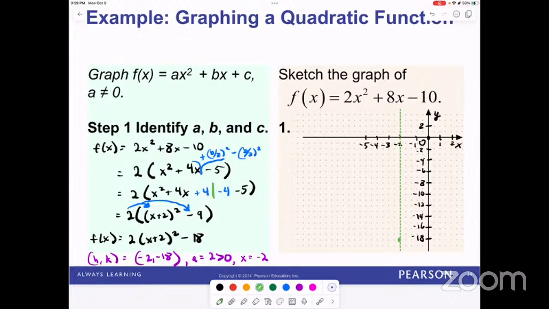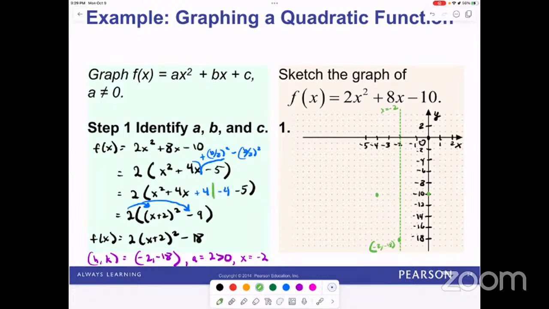This coordinate here is -2, -18. Now let's calculate when x was 0, the corresponding y is -10. So notice when we went 2 to the right, we were at -10. So when we go 2 to the left, we should also be at -10 right here.